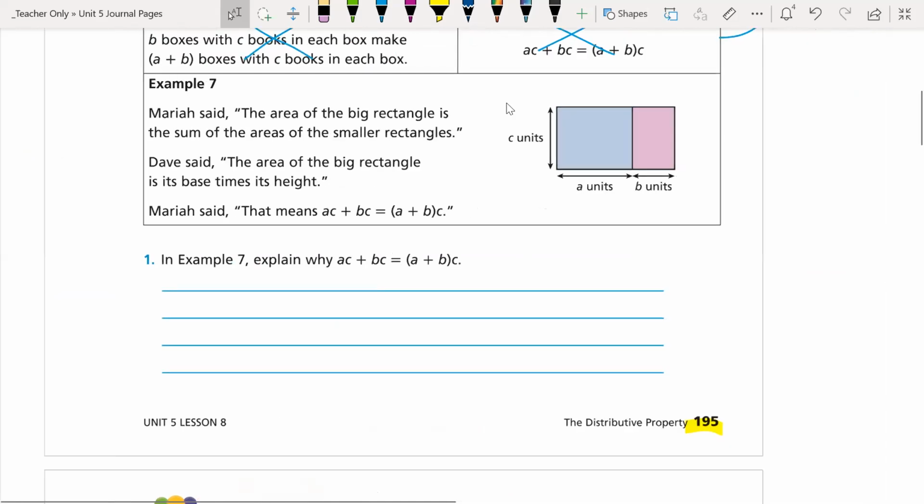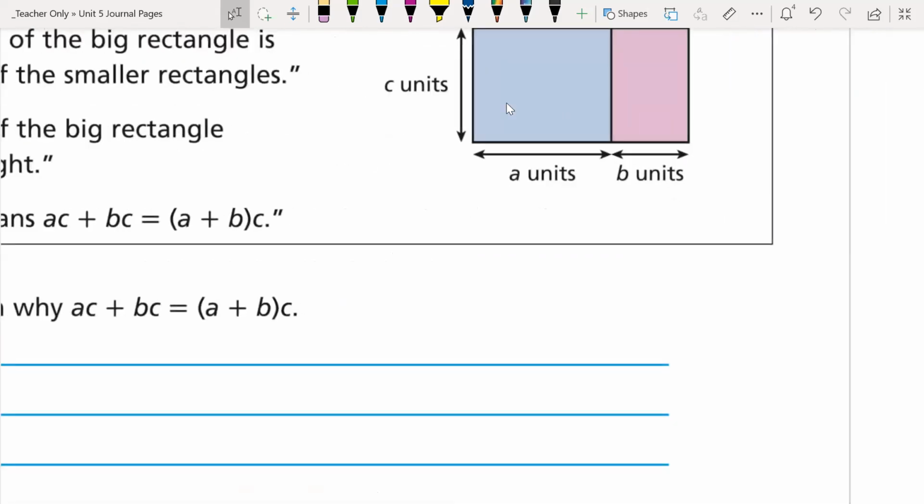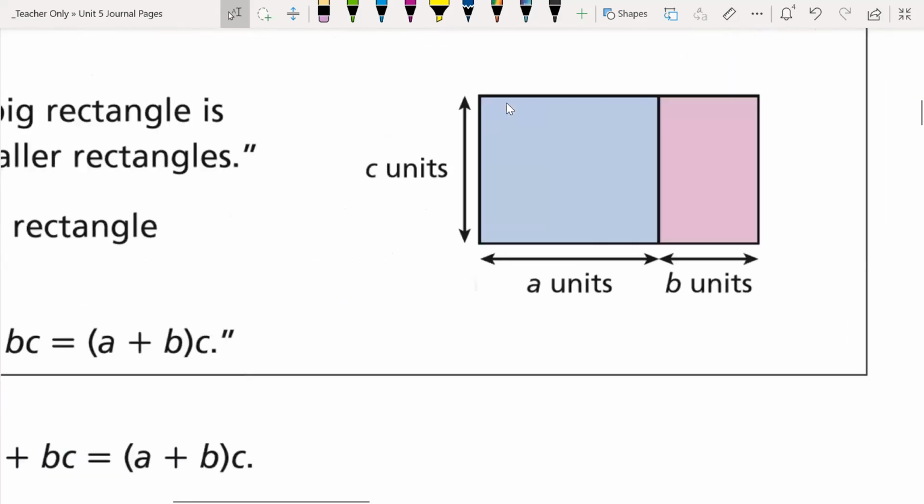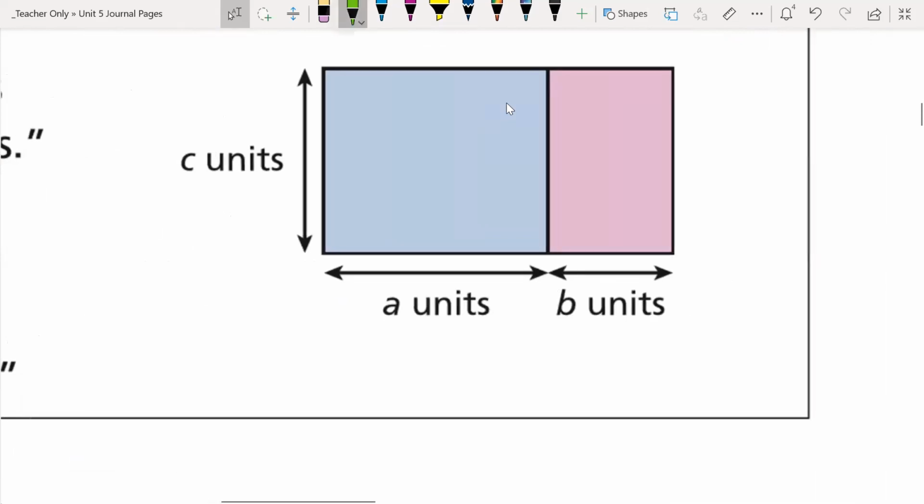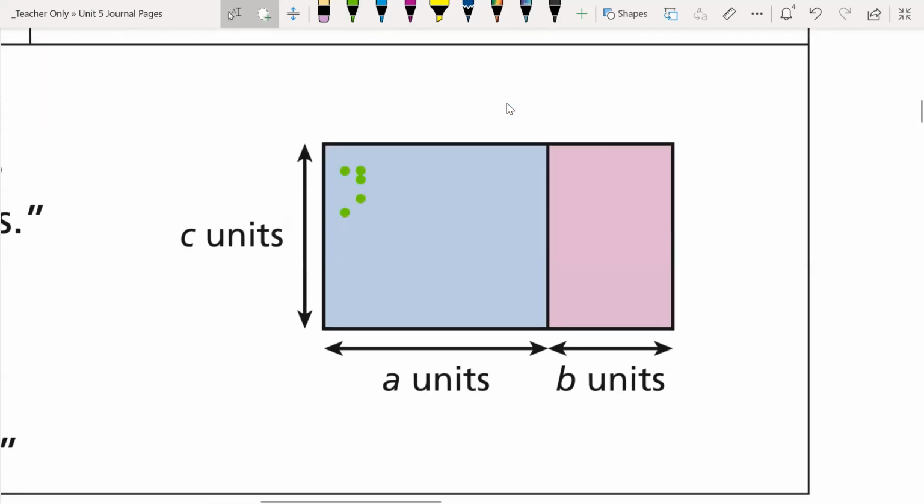And that's correct. I'm just going to reiterate this in this box with a green pen. C times A, that's C times A, right?